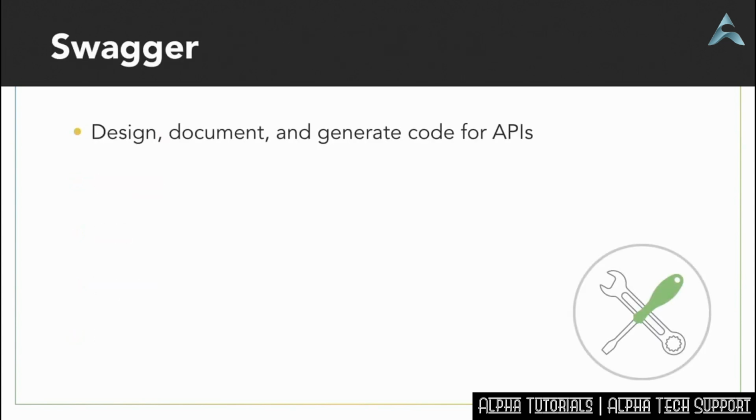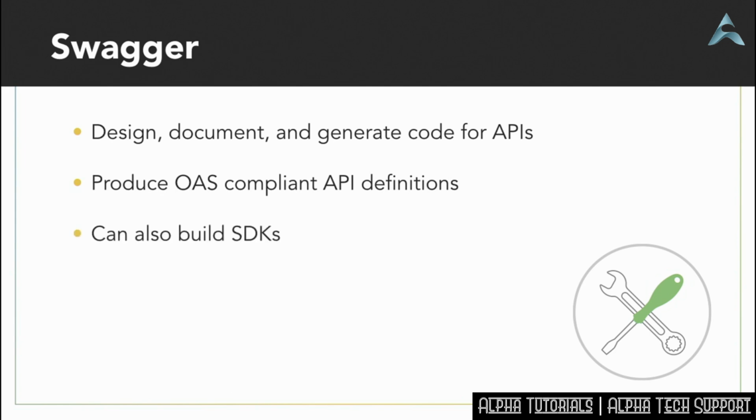So it's important to remember that Swagger allows us to easily design, document, and generate code for APIs. Swagger's toolset helps us produce API definitions that adhere to the OpenAPI standard. Other tools can read those definition files to build documentation, server stubs, and other client SDKs that are useful for working with APIs.